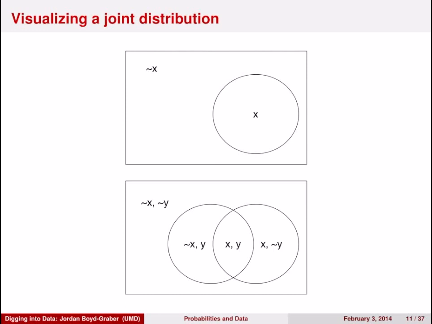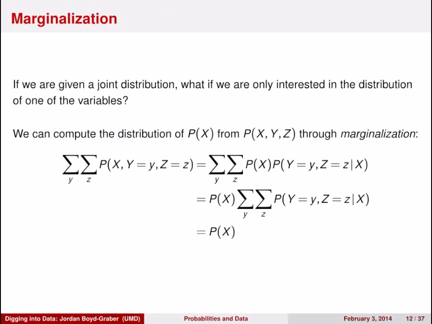So what happens if you're given a joint distribution, but you actually want a distribution in terms of a single random variable? When you get this, you have to use a technique called marginalization. What marginalization does is it takes a joint distribution and then sums over all of the possible outcomes for the random variables that you don't care about so that you can get the distribution that you do care about.